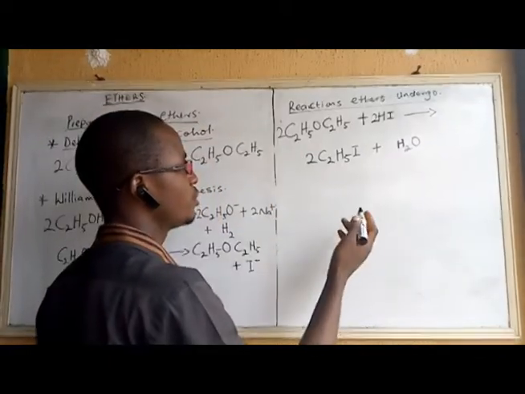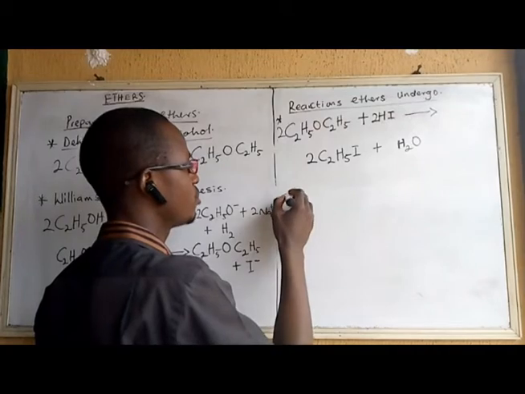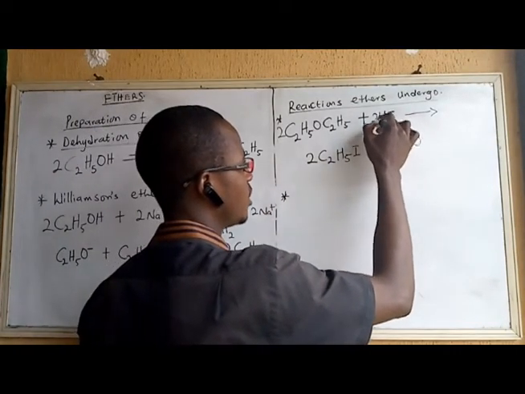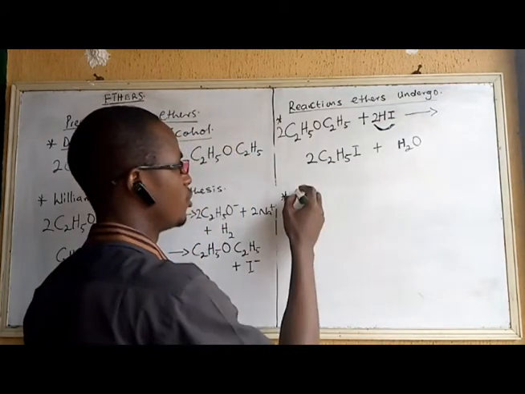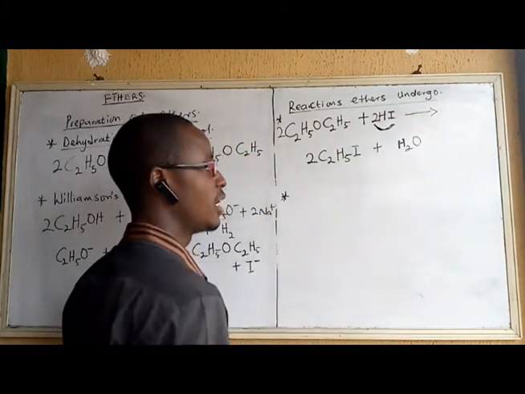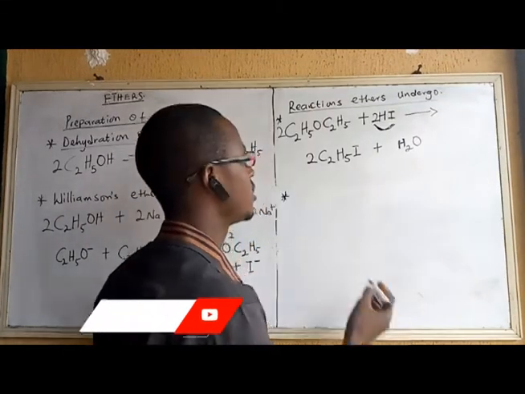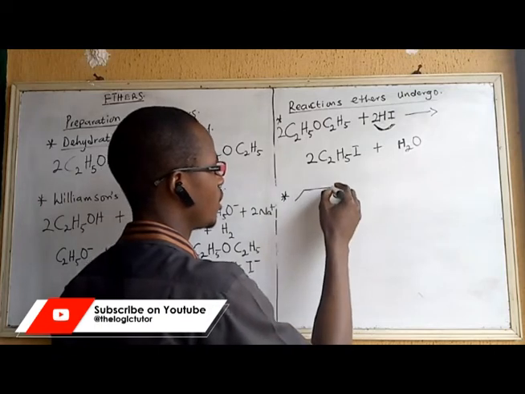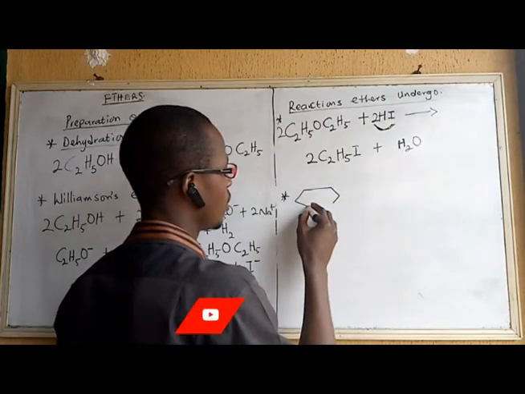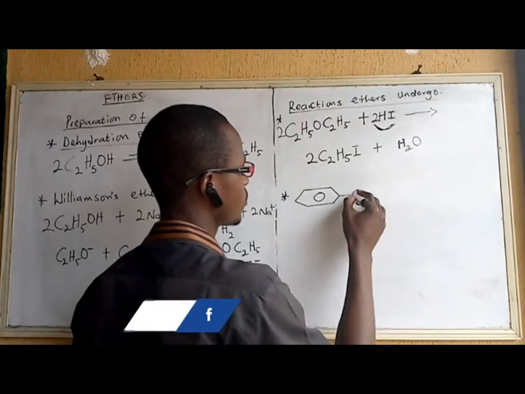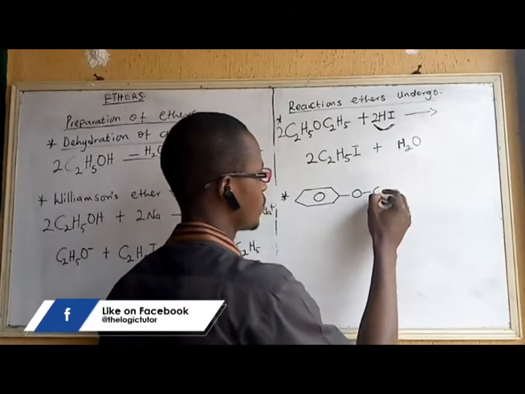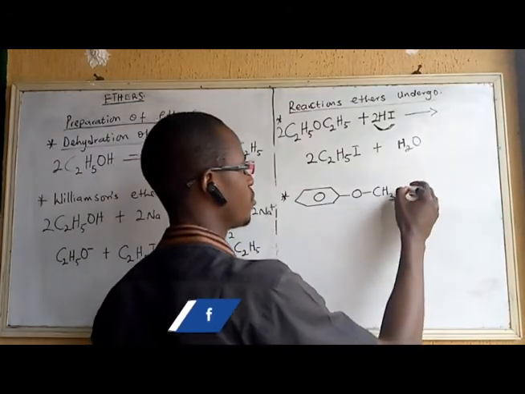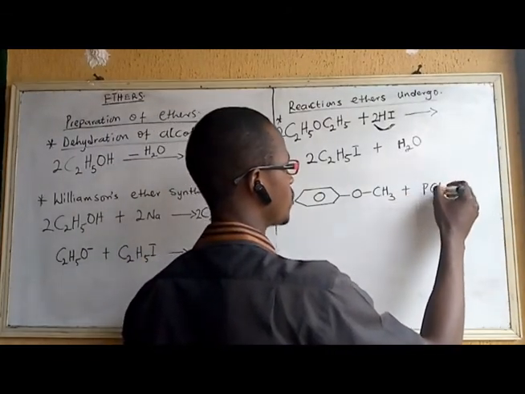We can also produce halogenoalkane using another reagent other than hydrogen iodide, which is PCl5, that's phosphorus pentachloride. Let's take an example of methoxybenzene plus phosphorus pentachloride.